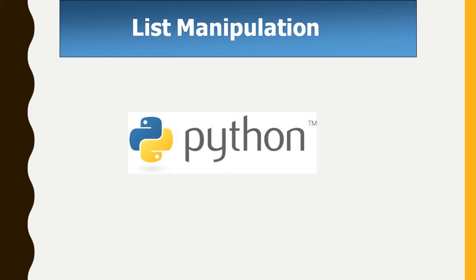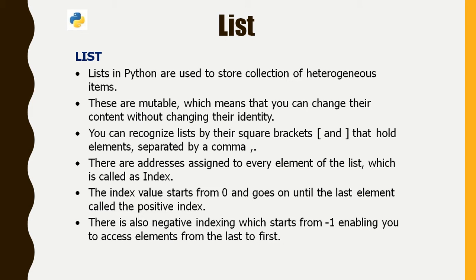Apart from that, how to count the number of characters in a given string, and of course the functions and methods of string manipulation. In a similar way, we'll discuss list manipulation, which is also one of the sequences available in Python.